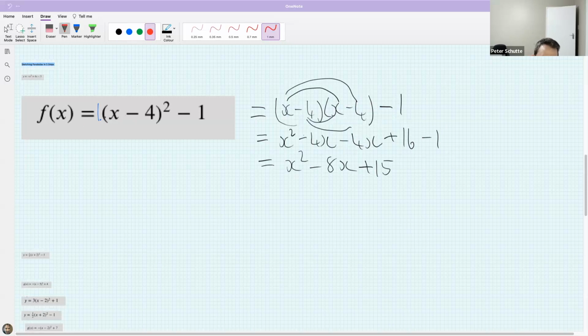So even though this was written in turning point form, and sometimes it's quicker to work straight from turning point, the equivalent graph in standard form would be this.